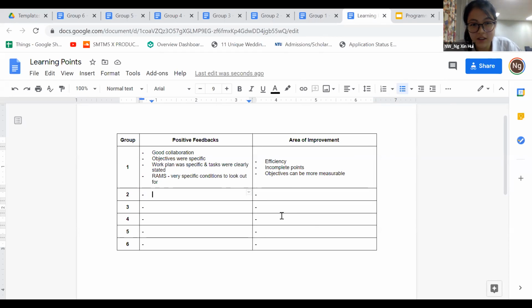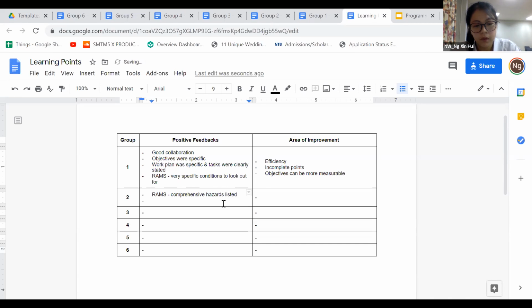I think our risk and hazard assessment was good. What do you mean by the risk and hazard assessment was good? As in the hazards listed. Yeah. And the remarks for the action plan.